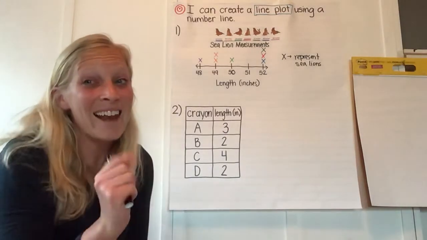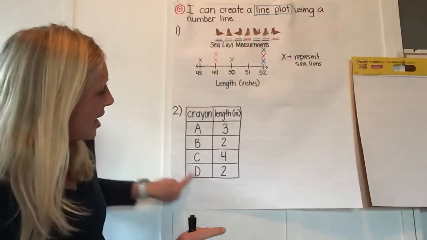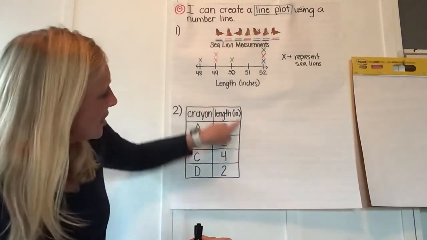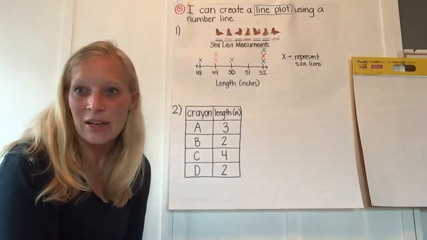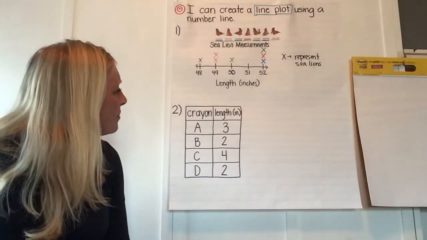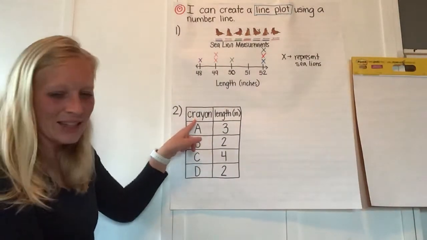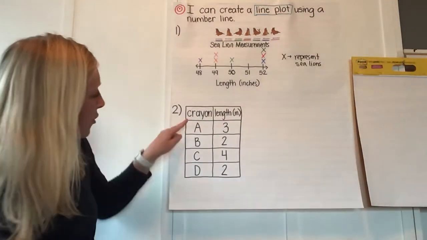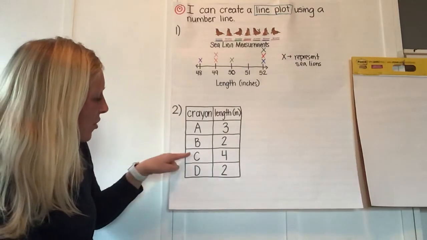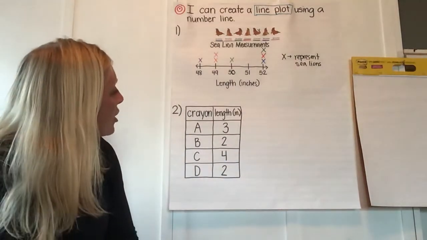Now, I've shown my data in a little different way, and I did that on purpose. This is a table. This table is going to help us collect some information as well. What do you notice about this information? Yes, we have crayons. Yes, we most certainly do. We have crayon A, crayon B, crayon C, and crayon D. What else are we seeing about this information?